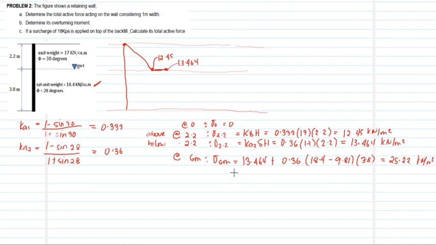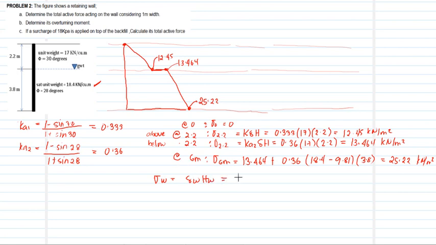So, kindly just check my calculation if it is correct. So, meron tayong pressure dito at the bottom, which is equal to 25.22. So, ganyan yung magiging pressure diagram natin. That is due to our soil. Okay? So, meron tayong groundwater. So, kunin natin yung pressure ng ating water. That is the unit weight of water times height of water.